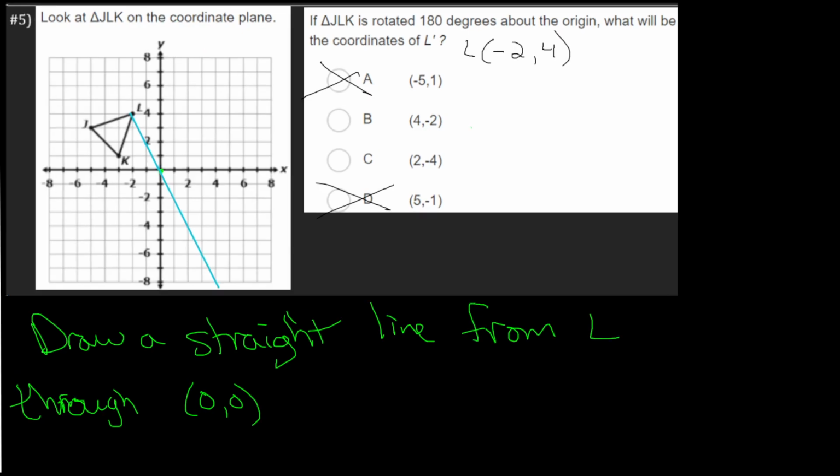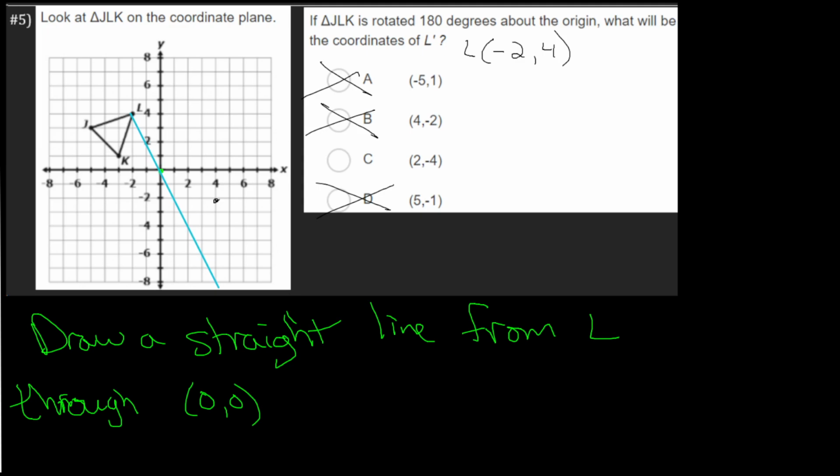If I look at my options, I know it's a straight line because the rotation is 180 degrees, so it should be half a circle. It should be that straight line through that point. If it was 90 degrees, I could make a 90-degree angle here, but that's not the case. So if we look at the point 4, -2, that is over here, and that's not on the line, so I know it's not that one.